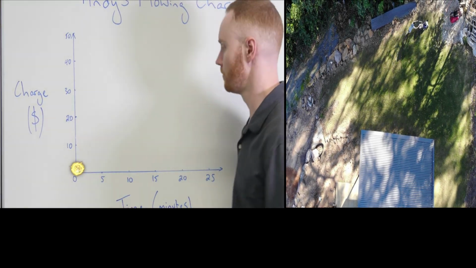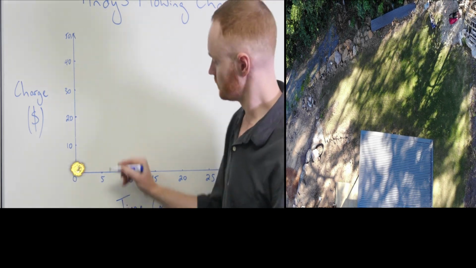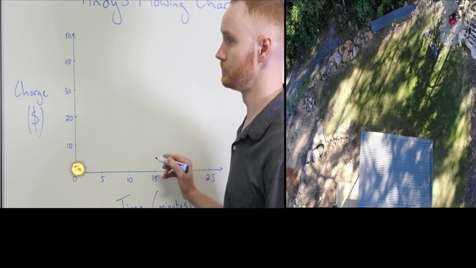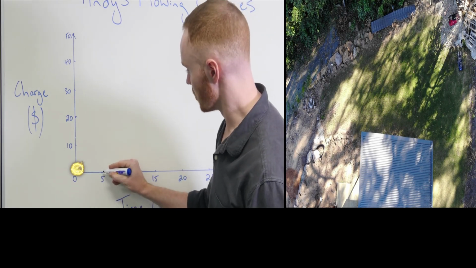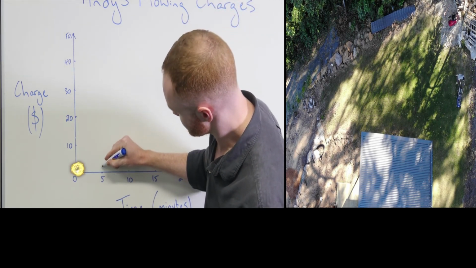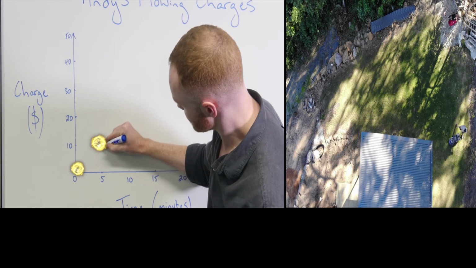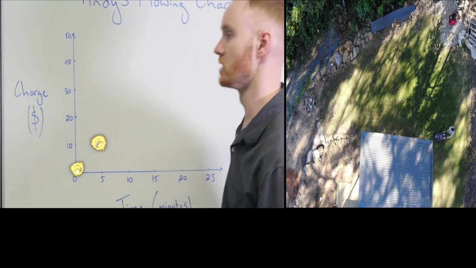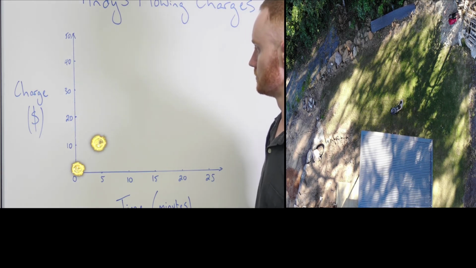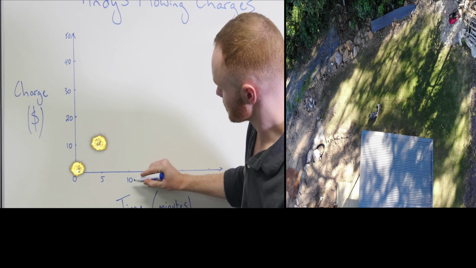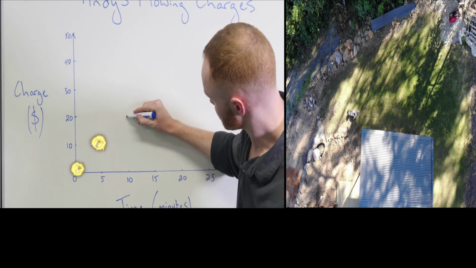So right there. The second point is 5, 10. If you work 5 minutes, you charge $10. Okay, so I go across to the 5 minutes on my x-axis and I sketch up to 10 and that's where I'm going to place my data point. The next point is if you work for 10 minutes, you get paid $20. So across to 10 and up to 20.